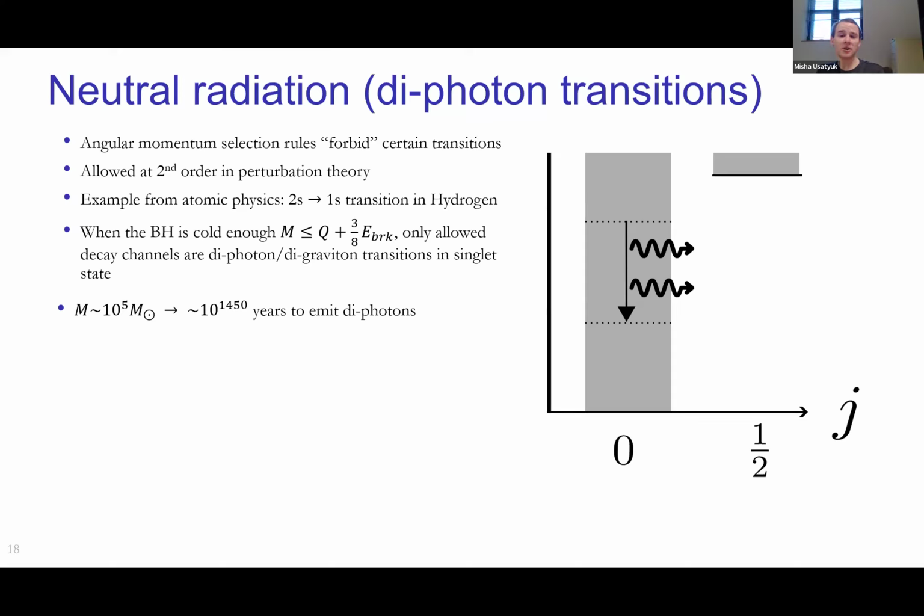So when the black hole is cold enough and it's bosonic, you stop being able to emit single photons, and the dominant transition becomes this interesting diphoton and digraviton channel. The digraviton channel is similar in magnitude.